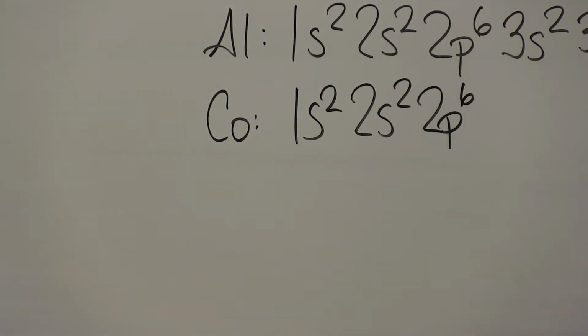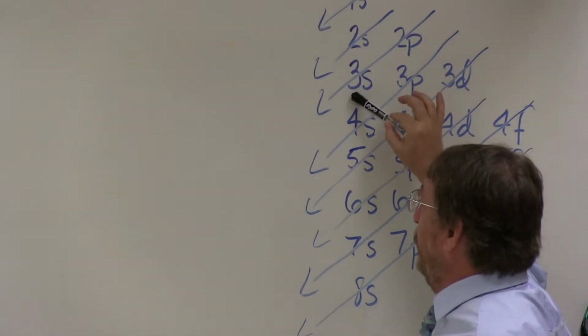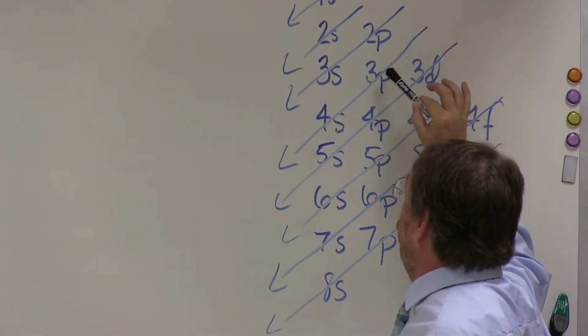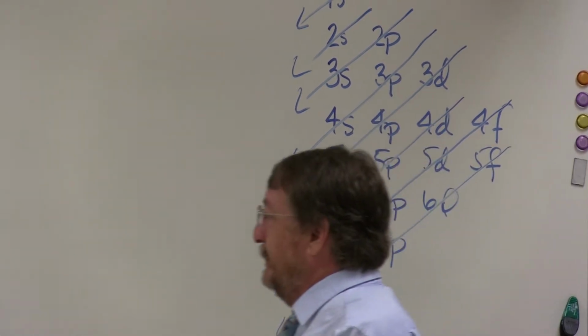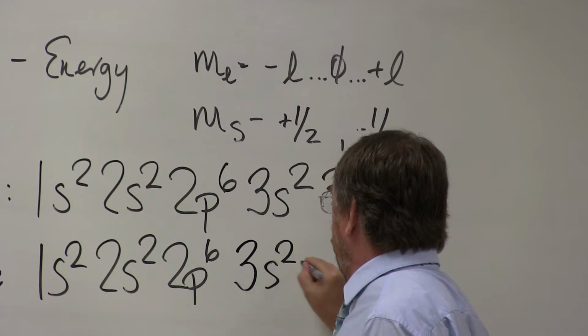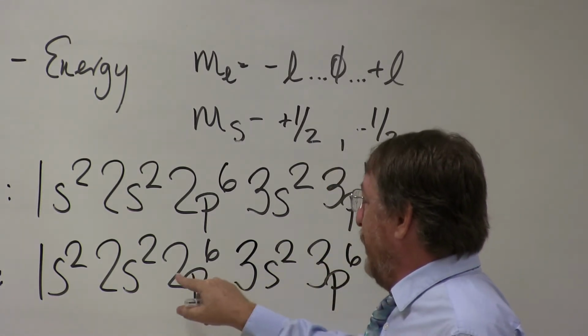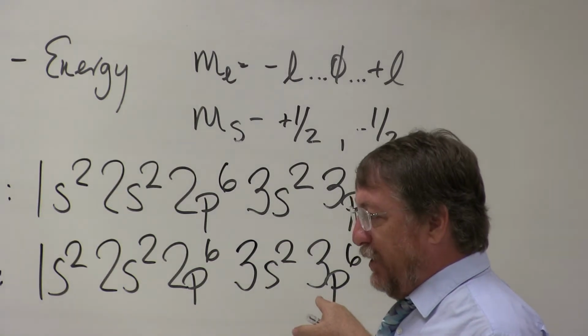Now let's go back to the Aufbau chart for a second and just look back over. 1s, 2s, 2p, 3s. So after the 2p comes the 3s, then the 3p, then the 4s. So we're going to go to the 3s, 3s2. Then we're going to add the 3p, 3p6. At that point, I've represented 18 electrons.